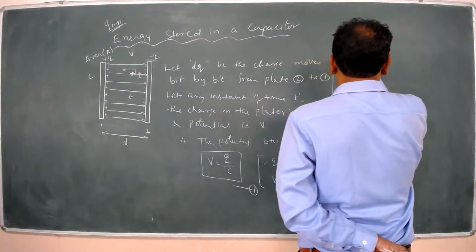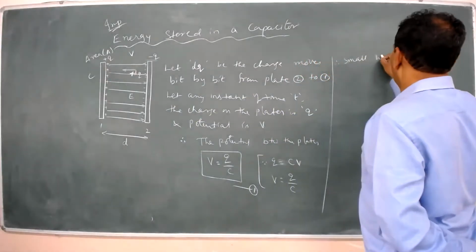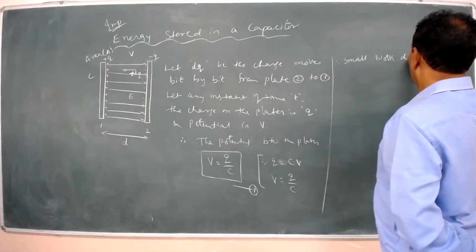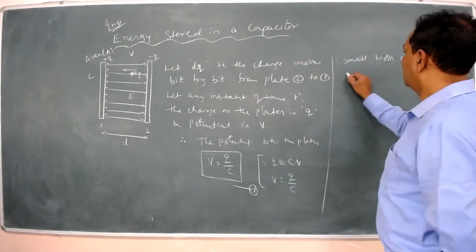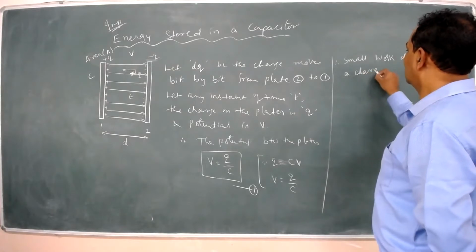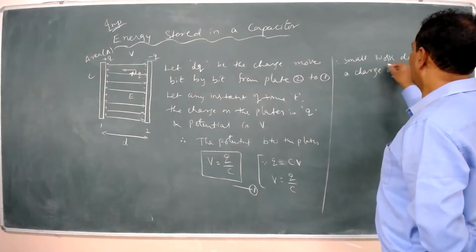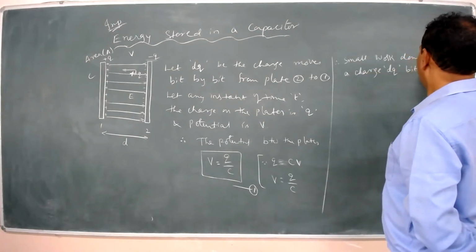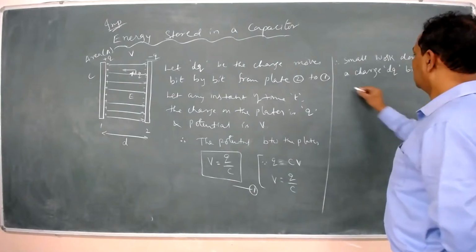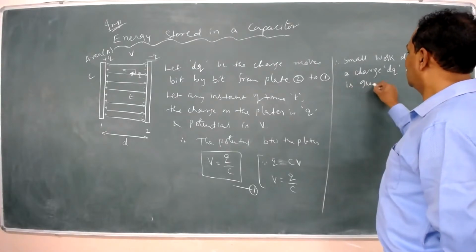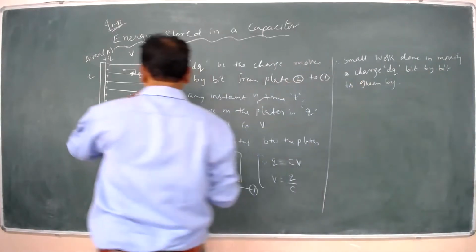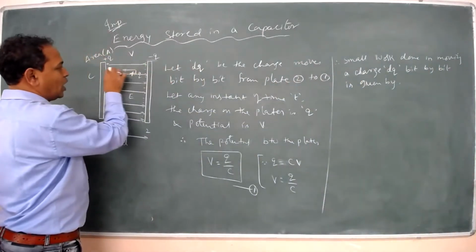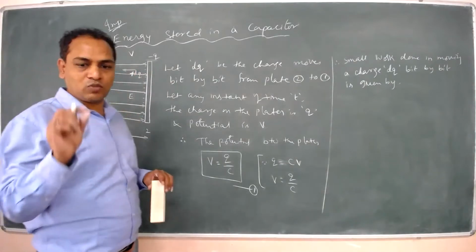Therefore, the small work done in moving a charge dq bit by bit is given by the following. From here to here, I am moving this charge dq, so I am doing a small work.